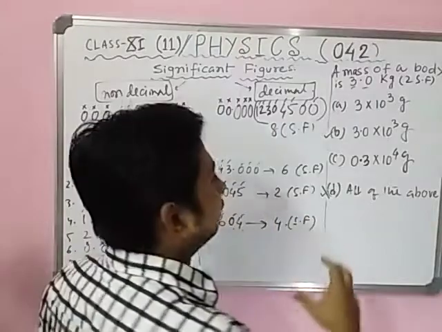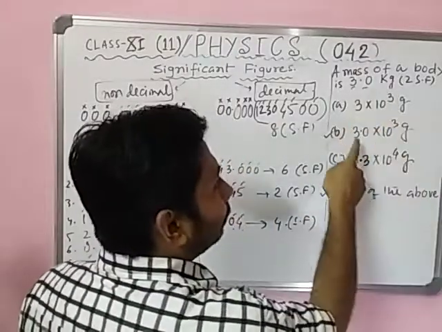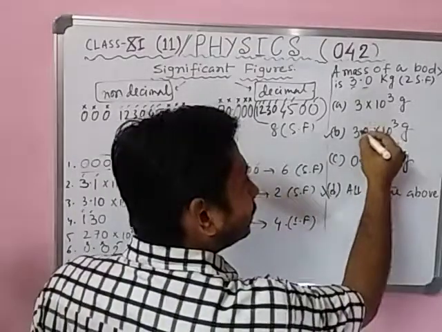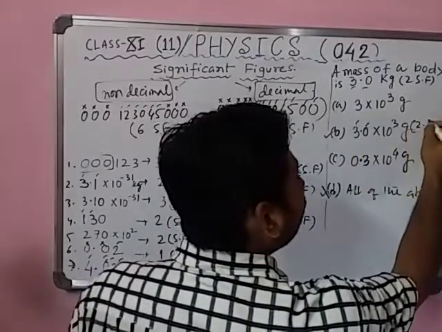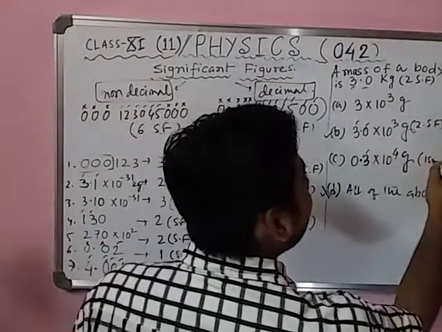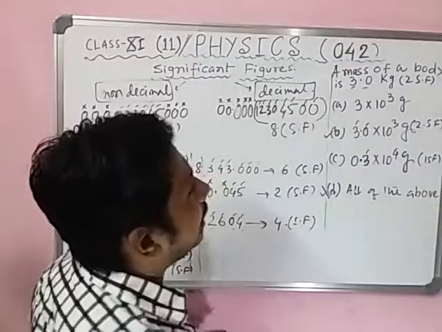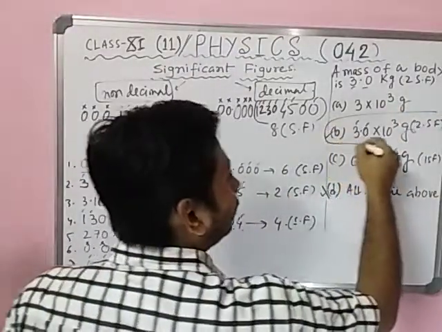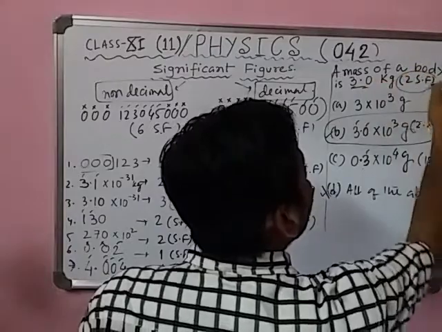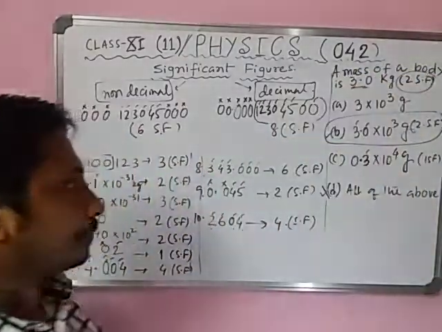Option A is 1 SF. But option B, 3.0, you must count this zero, so it is 2 SF. Option C is 1 SF. So the correct answer is B, because the question has 2 SF.